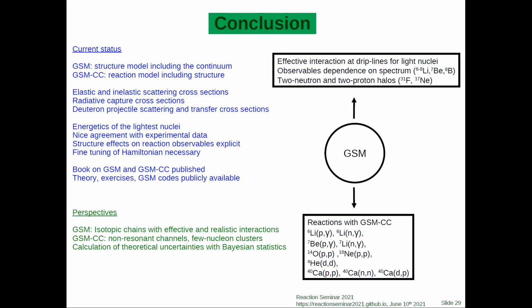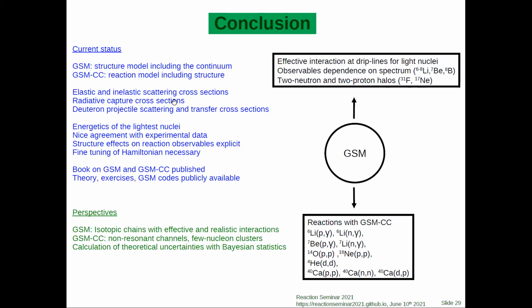We could calculate structure and reaction observables. We have an effective interaction for light nuclei. We calculated ANCs, which are observables dependent on the spectrum, as we saw. And we could also identify the halo structure of two nuclei, adduct lines, which are heavily studied experimentally.